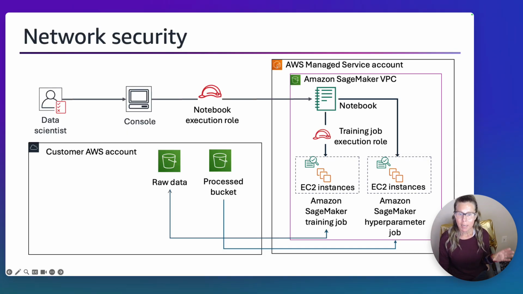It is best practice to provision your machine learning components in an isolated Amazon VPC with no internet access. SageMaker components, including notebooks, training jobs, and hosting instances, can be provisioned in an isolated Amazon VPC with no internet access.